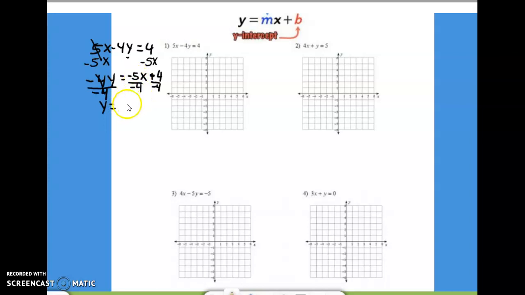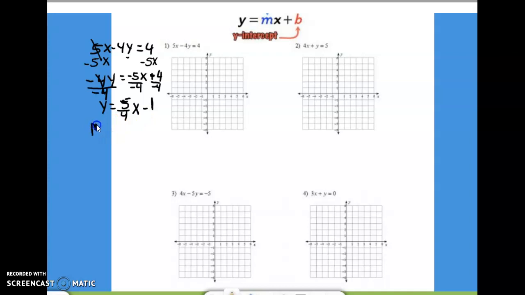That actually is a negative over negative, would really be 5 over 4. So there's my slope, right? And then 4 over negative 4. Well, negative 4 goes into 4 negative 1 times. And now there's my y-intercept.